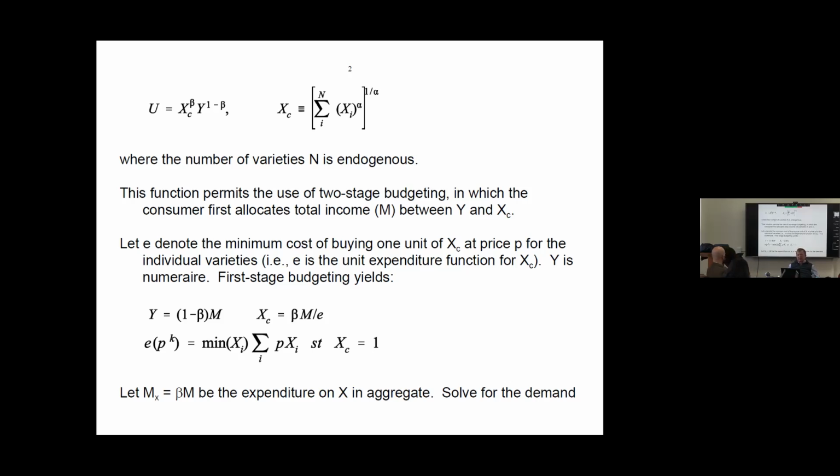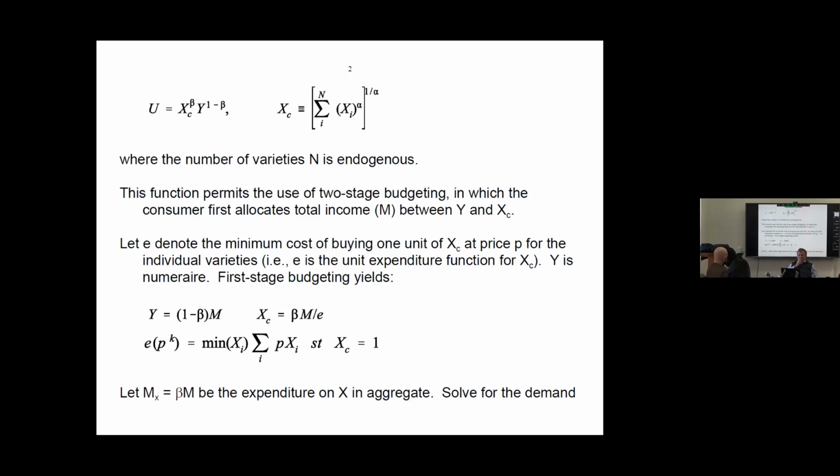So X is a CES function where alpha is between 0 and 1. So the difference between conventional analysis and monopolistic competition is that the number of varieties is endogenous.